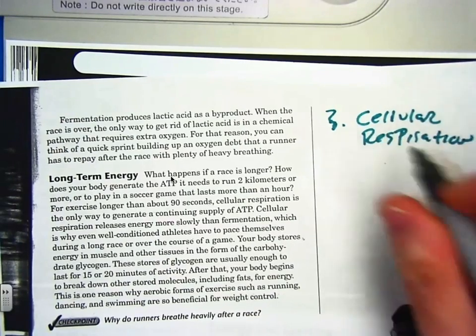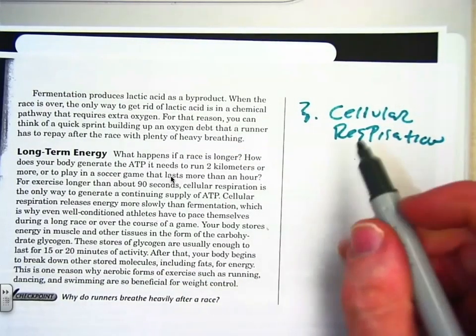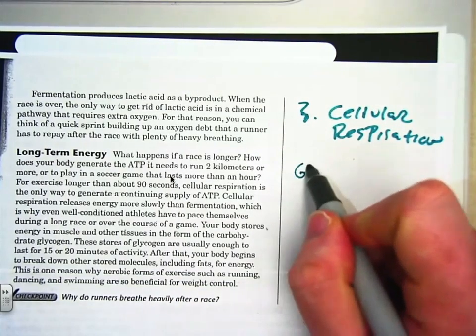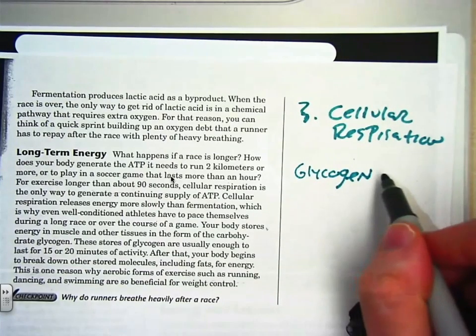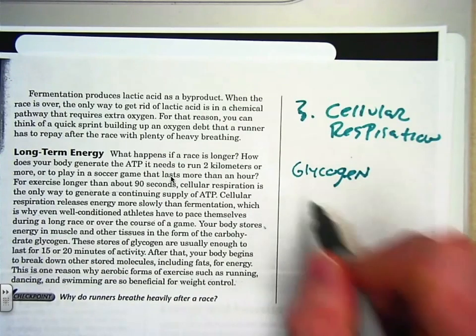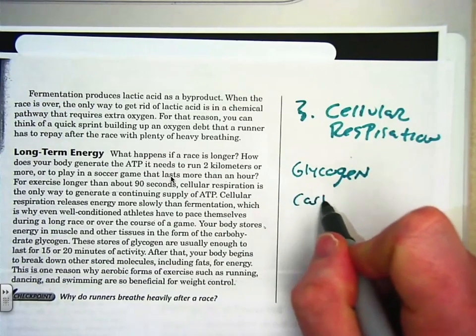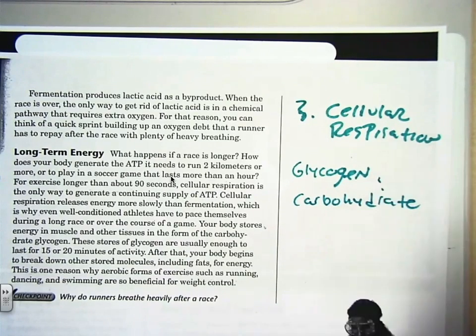What did we learn? We learned that cellular respiration breaks down something called glycogen to fuel the electron transport chain. And glycogen is a carbohydrate. Do you remember what a carbohydrate is?